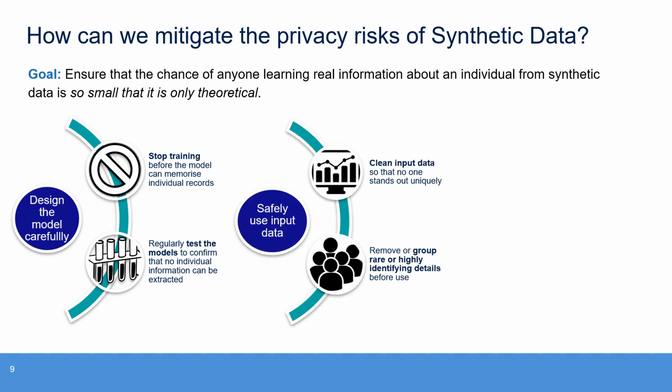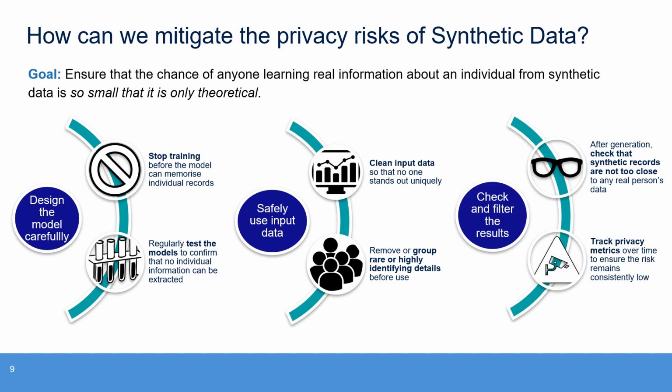We need to use input data safely, cleaning or grouping details so that no one stands out uniquely. Also, it's important to check and filter results after generation, removing synthetic records that are too close to real ones.